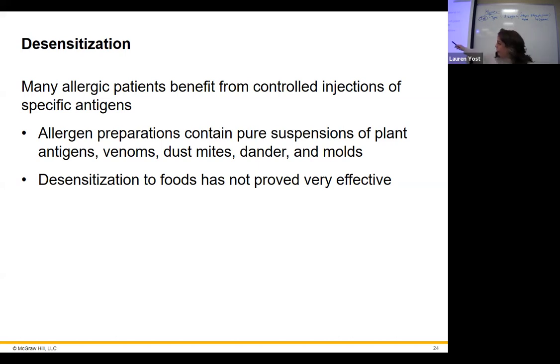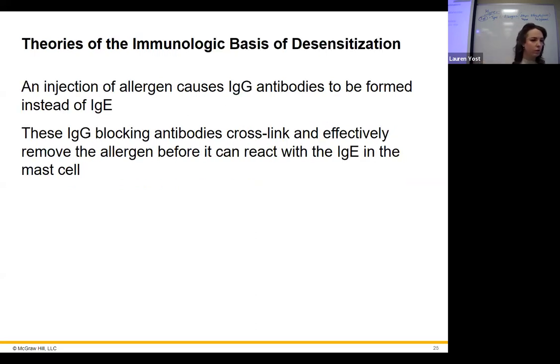So it's not very effective for food allergies, because food is typically going through your GI tract. GI tract is typically associated with IgA, and we just don't produce as much of it as we do IgG, which is the goal of desensitization.